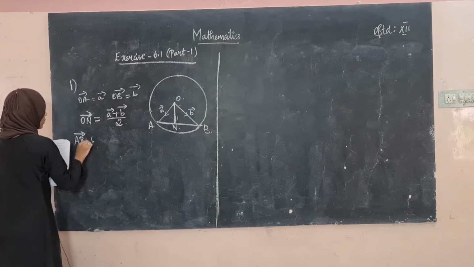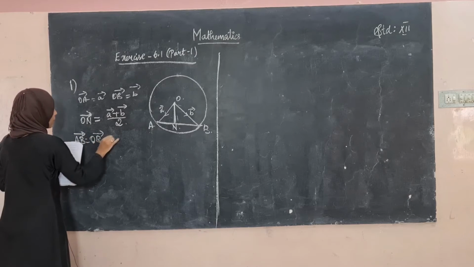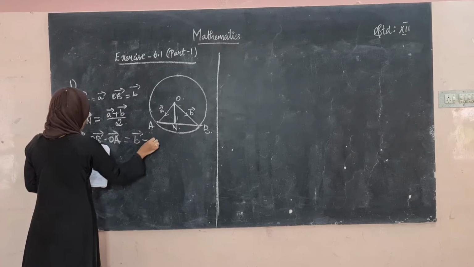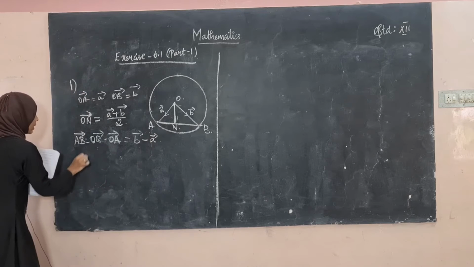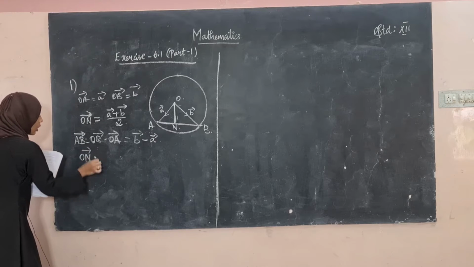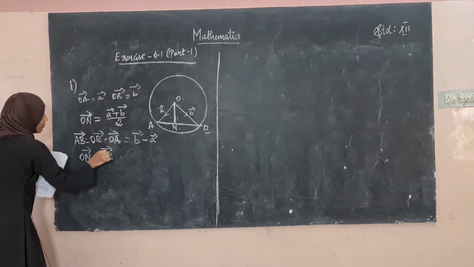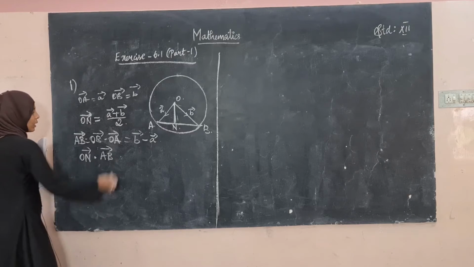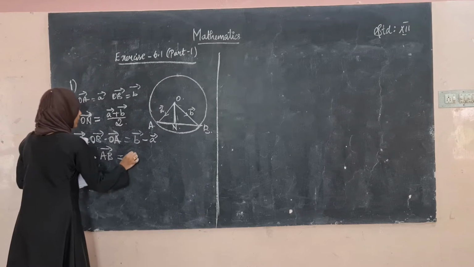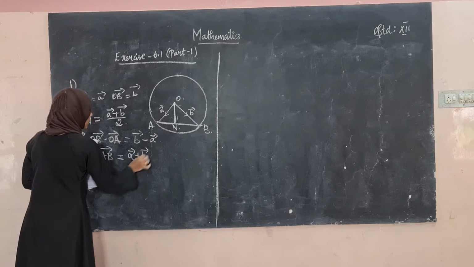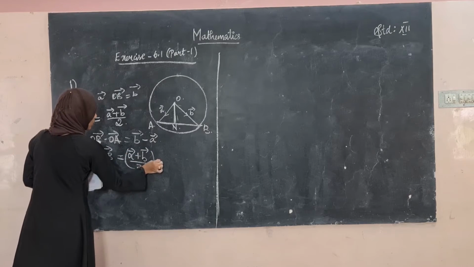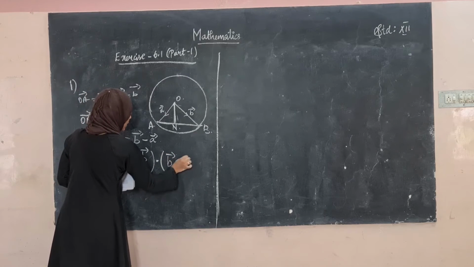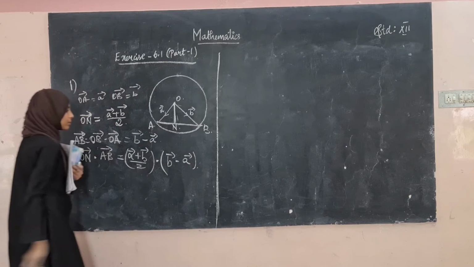AB vector is equal to OB vector minus OA vector, that is B vector minus A vector. Now let us find ON vector dot AB vector. If it is equal to 0, then we can say that these two vectors are perpendicular. ON vector is A vector plus B vector divided by 2, dot product of AB vector, that is B vector minus A vector.